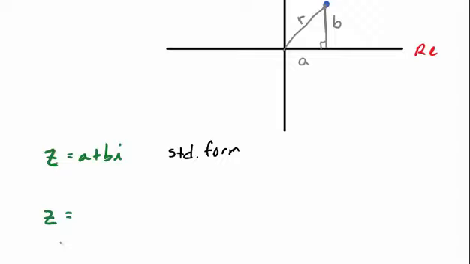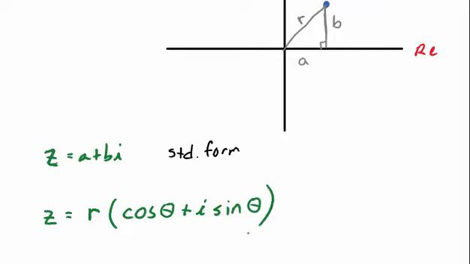The trig form looks like this. We can take R, the absolute value of z essentially, that's what R is, and multiply it times the cosine of theta plus I sine of theta. And this is what's known as the trig form of a complex number.